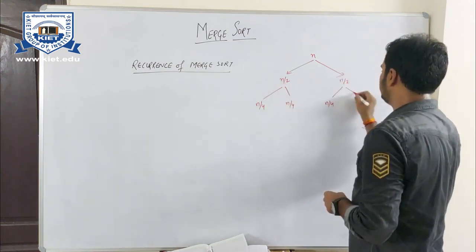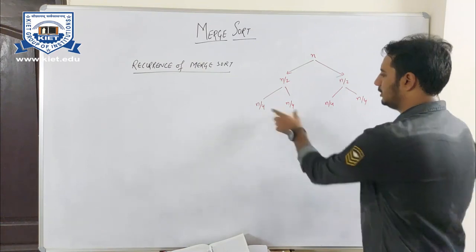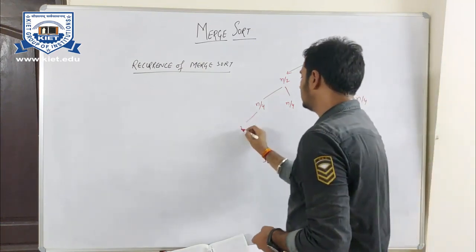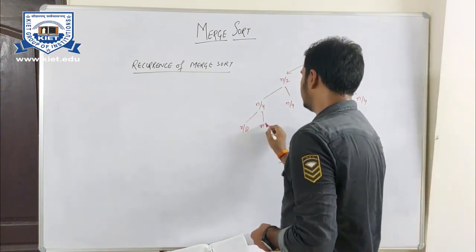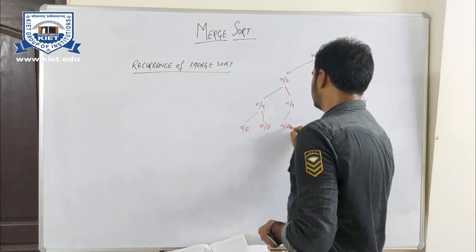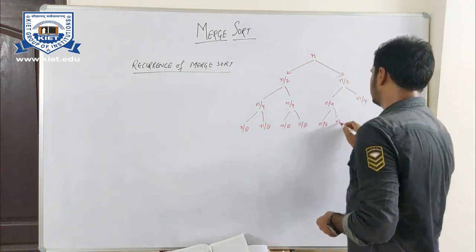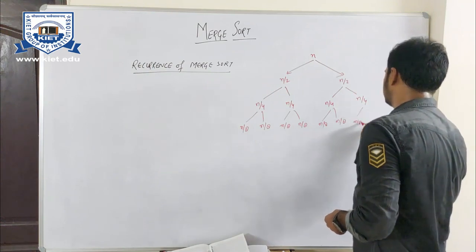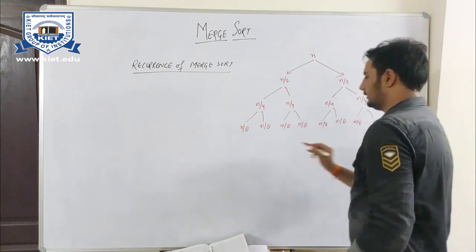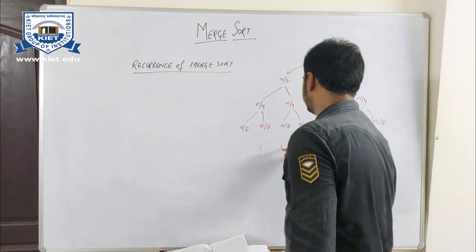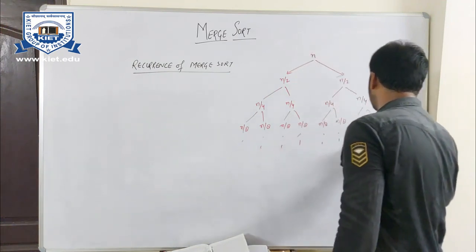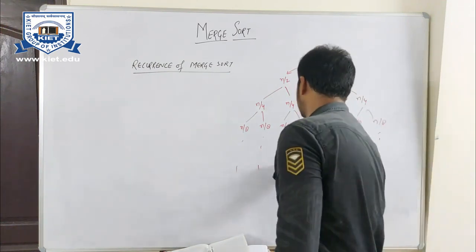Again this n by 4, n by 4. On the next level, what you will do? n by 8, n by 8. Till the point the size of the array becomes 1.